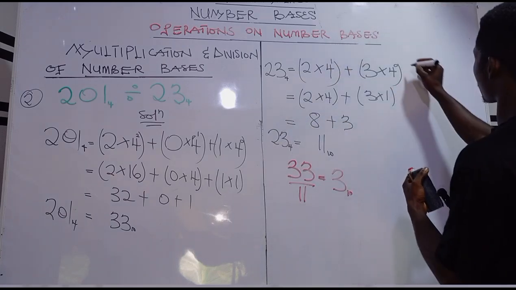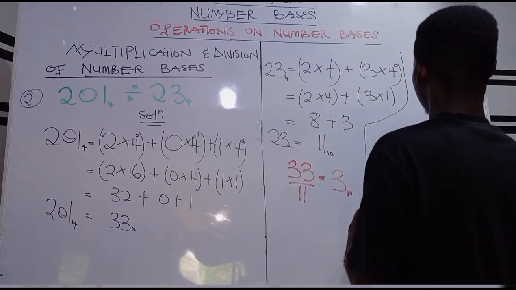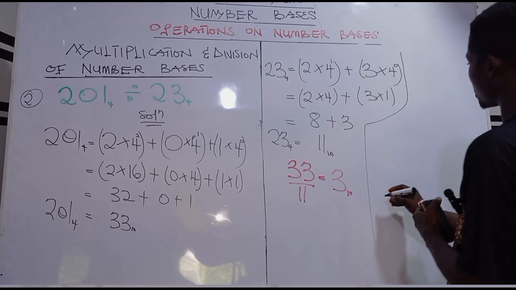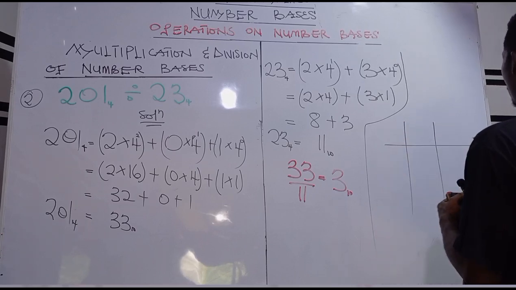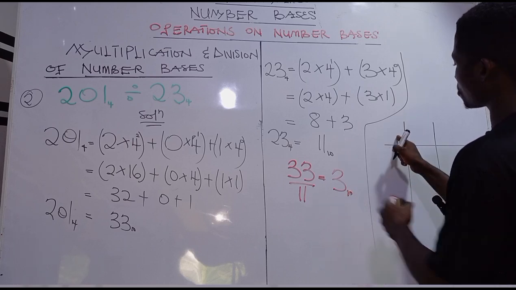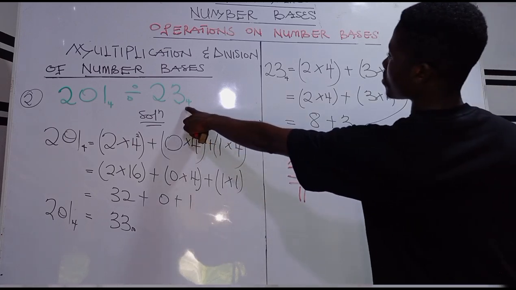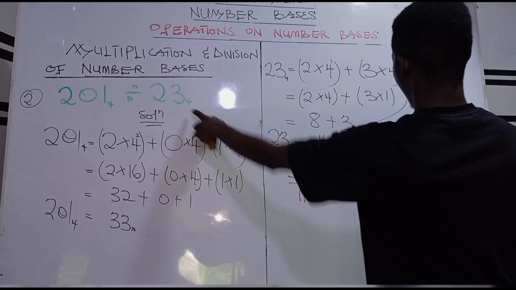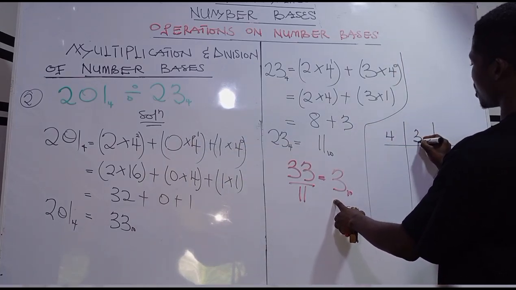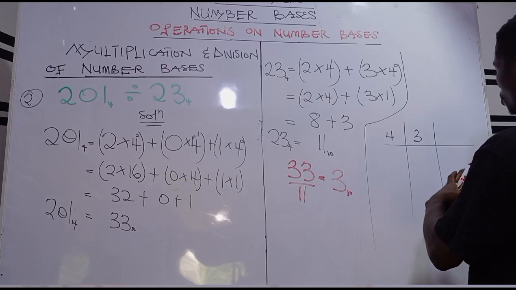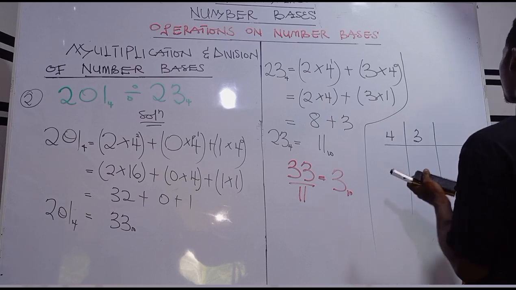In converting from base 10 to other bases, we need 3 columns. The first column takes the base, which is 4. The second column takes the decimal number, which is 3. And the last column takes the remainder.